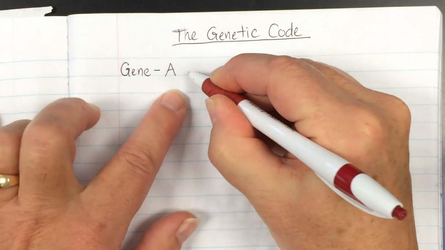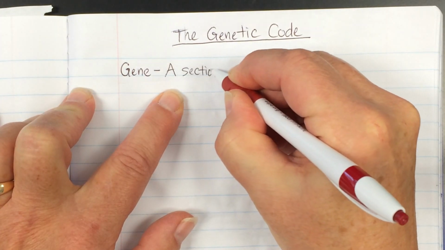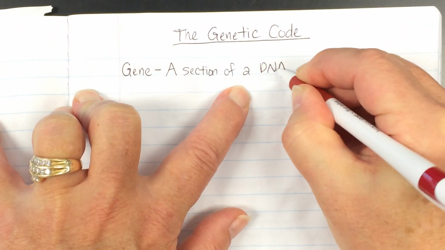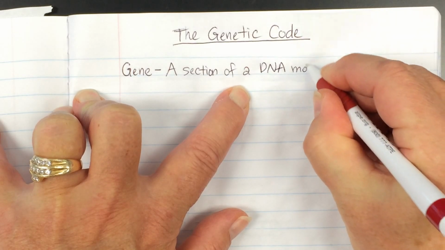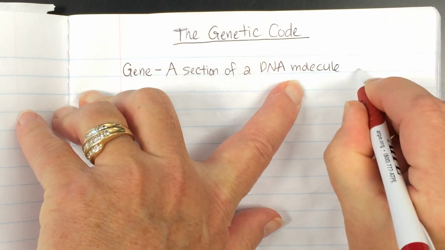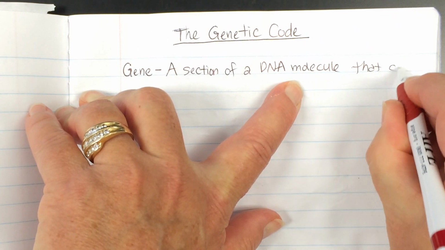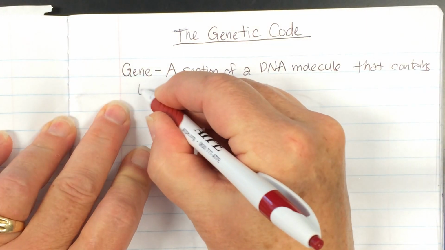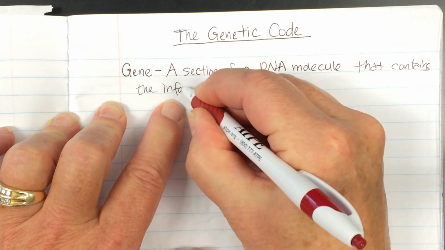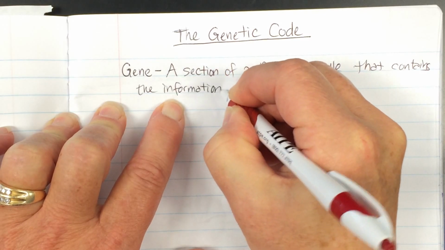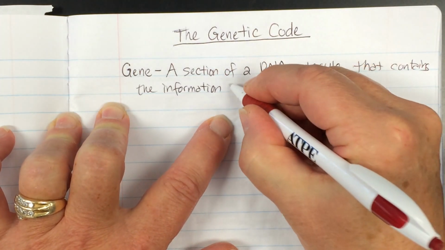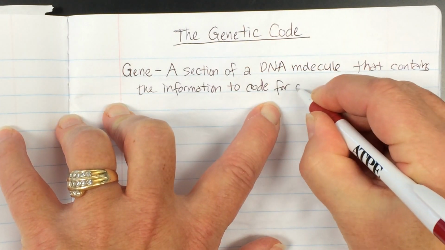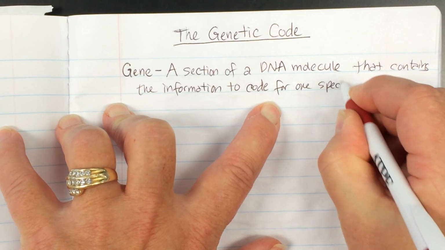A gene is a section of a DNA molecule that contains the information to code for one specific protein.